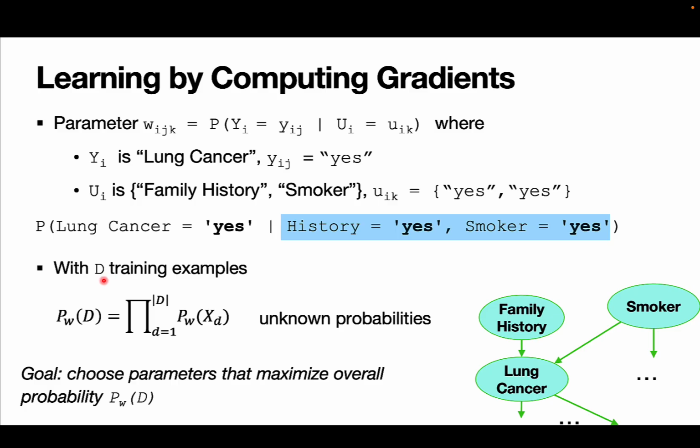Given D training examples, we will choose the parameters that maximize the probability. And since there are D examples in the dataset, we multiply them by the unknown probabilities and solve the resulting problem, which is an optimization problem.